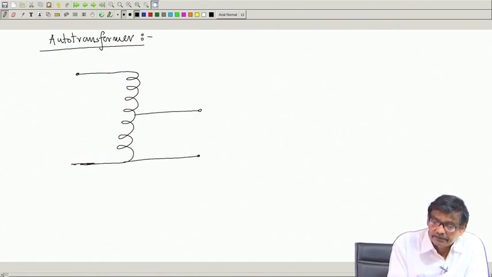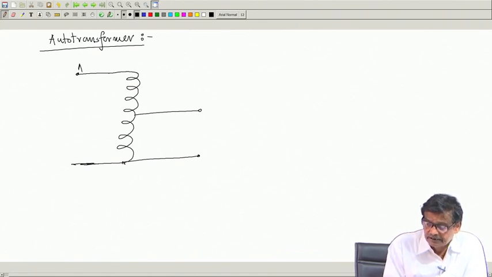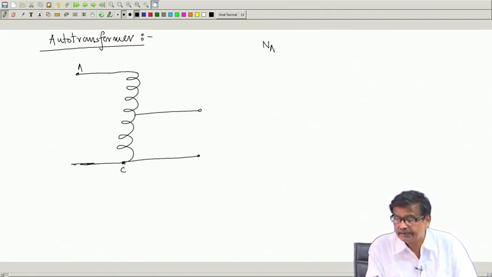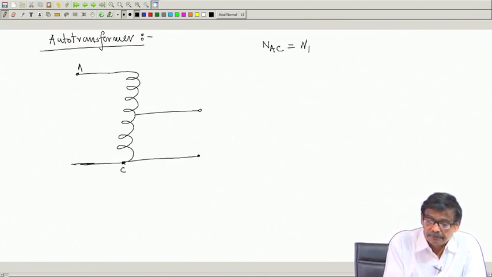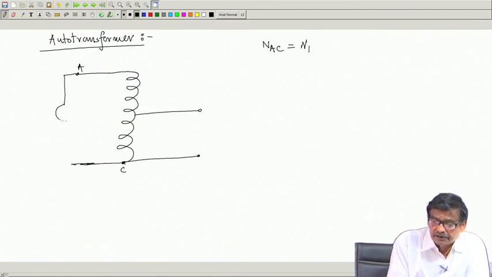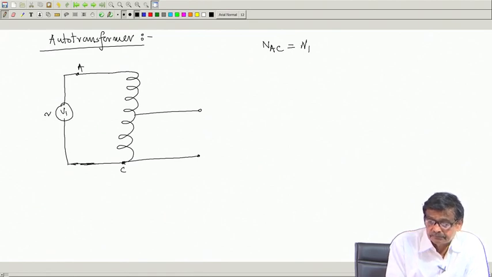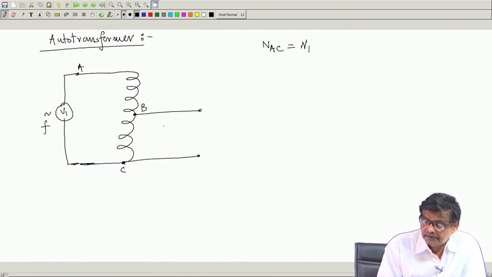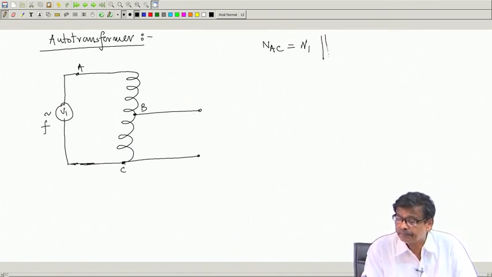I will say this terminal as A, this terminal is C, indicating common between primary and secondary, and I will say that N AC is equal to N1, and here I will apply voltage of frequency f, and this point let me call this point to be B, and N BC I will say it is N2.